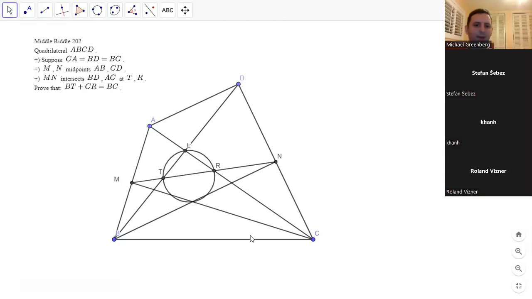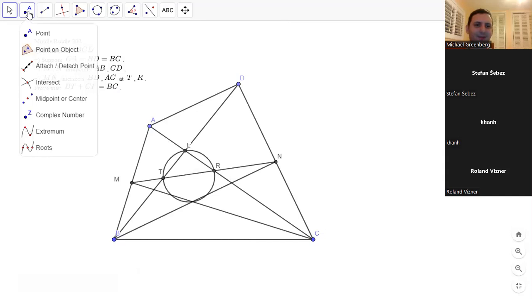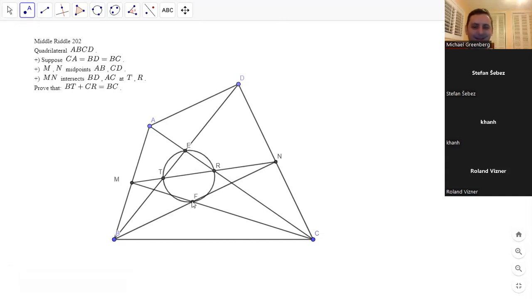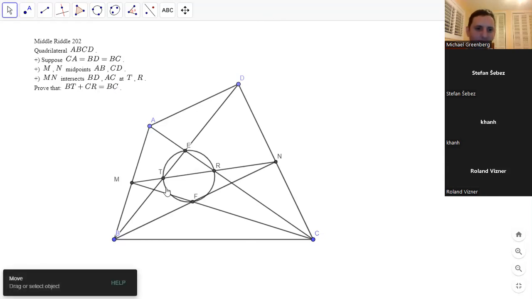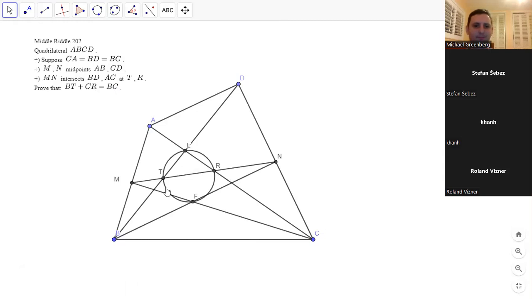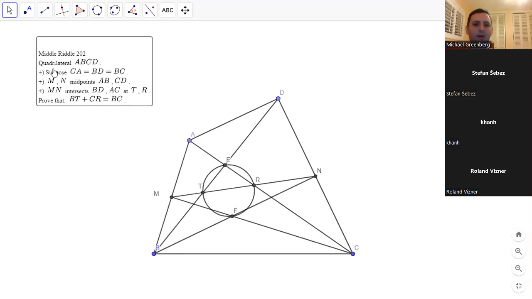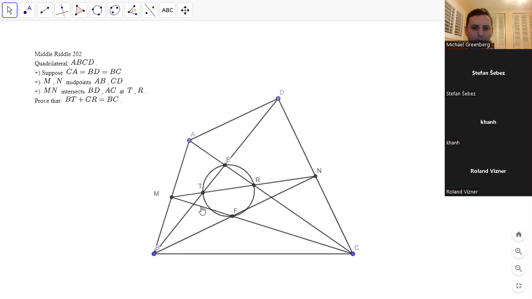It is that point, because these are both angle bisectors. Okay, then we need to show that this is cyclic. This is actually not hard to prove. It has an interesting proof, but it is mostly angle chasing.